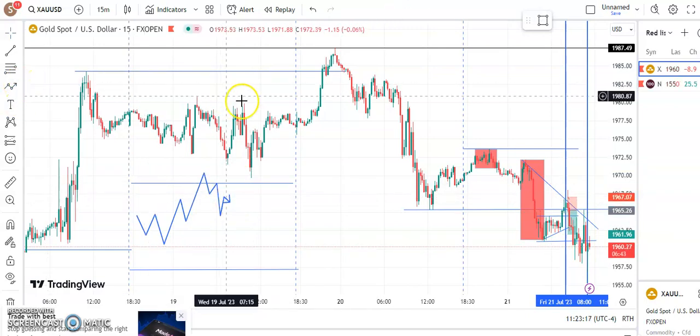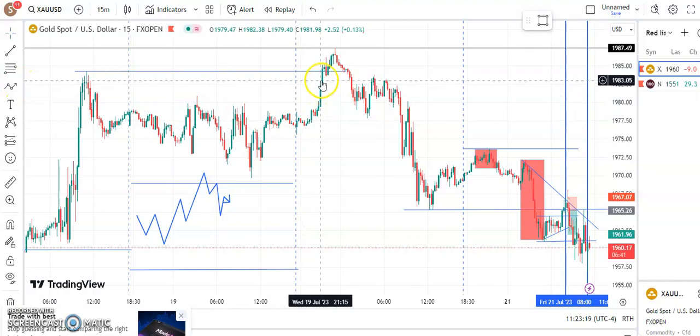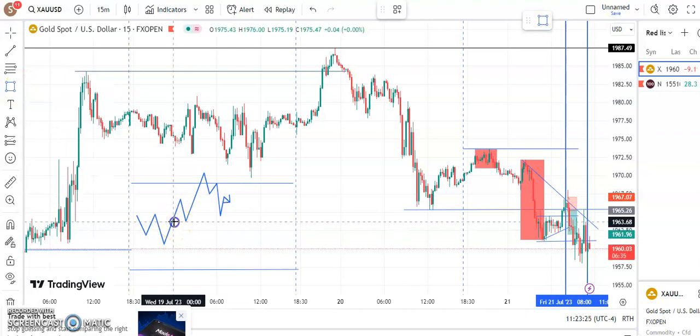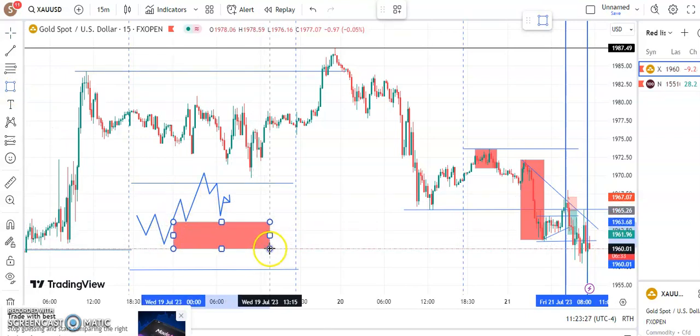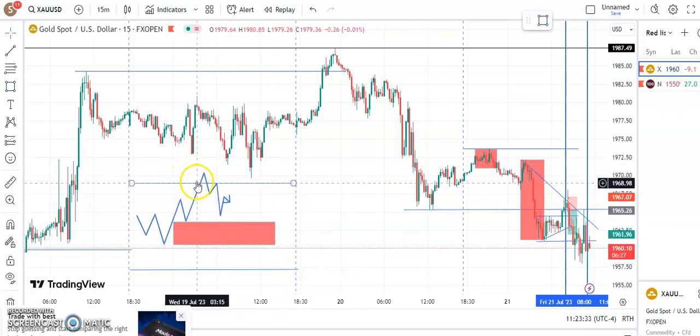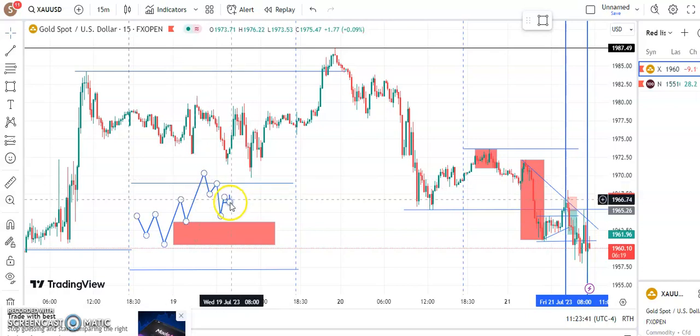We all know, for example, this pump here, assume it's here. Now, I want to show you. So we have this space here to the low of the day, right? Now, this needs to be a significant level, maybe the high of the day, at least the high of the day, or the high of the week, the high of the month.